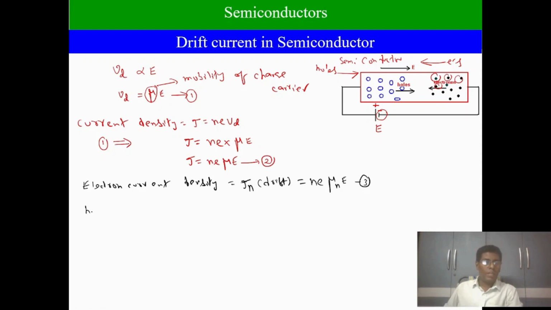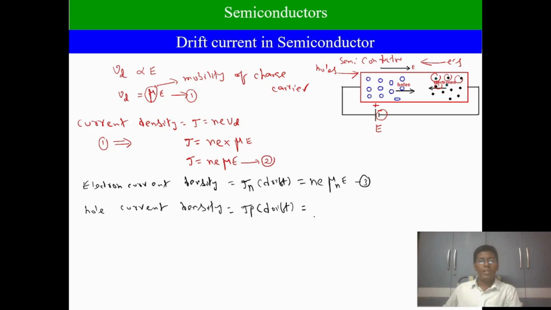Similarly, I am writing the expression for the hole current density, written as J suffix p. This is a drift process, so Jp drift is equal to p e mu p E, from equation number 2.